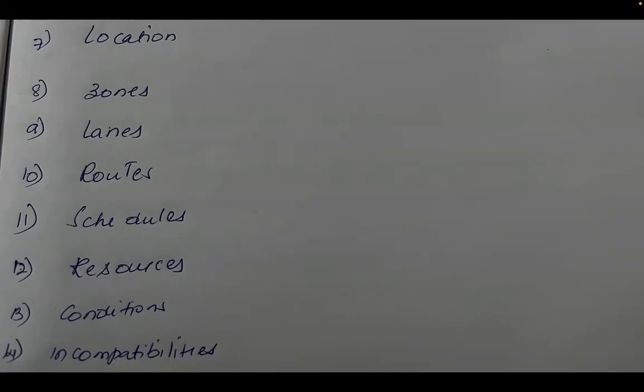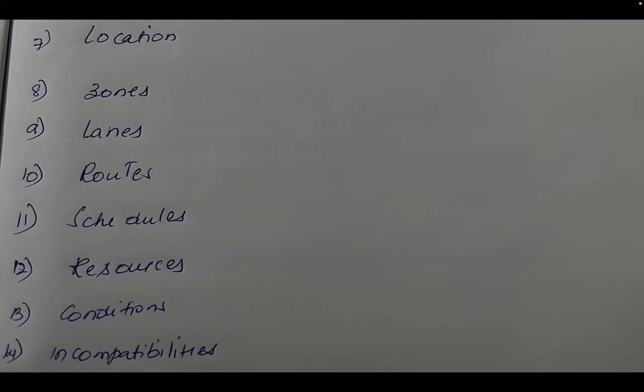And then we have lanes. Lanes are the specific paths available between two locations that are used frequently for transportation. Then we have routes, which we are, of course, going to study in detail later on, which specify the defined pathways that would be used for the transportation activities.